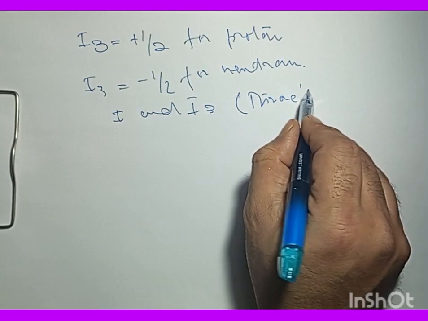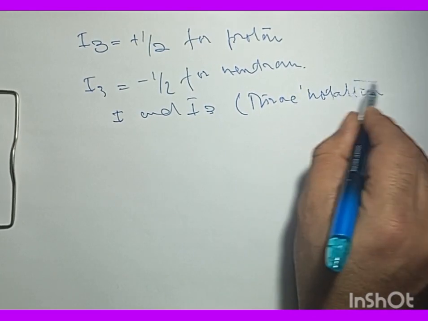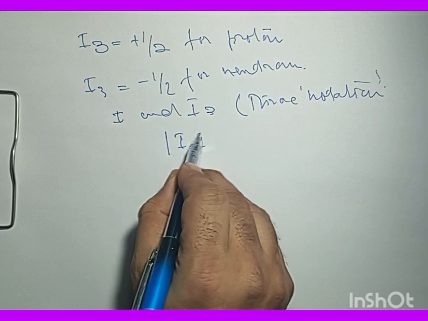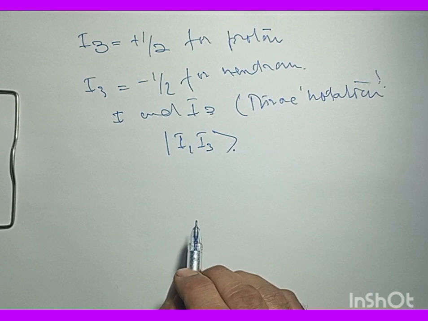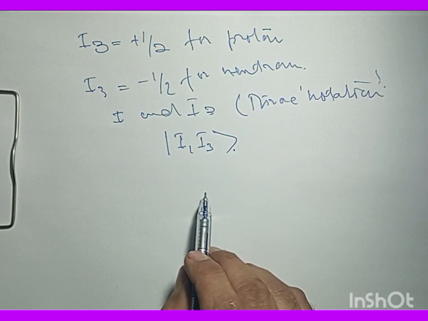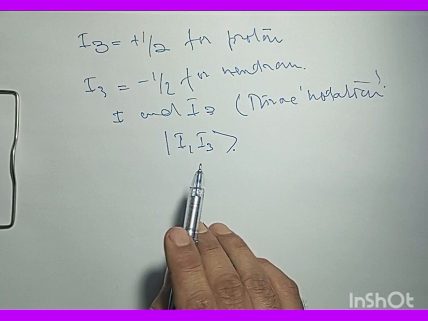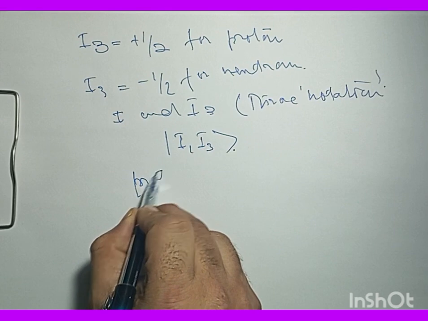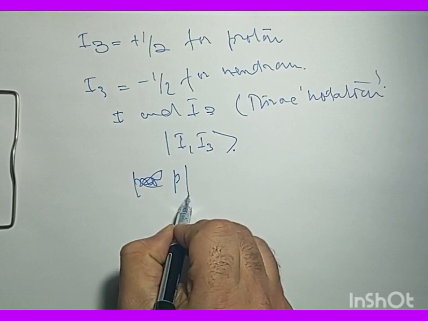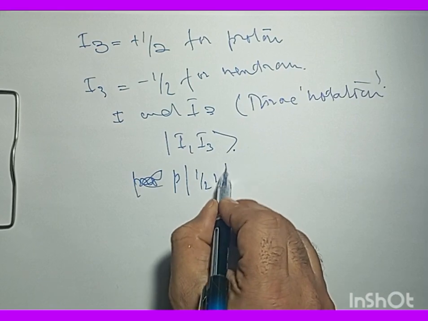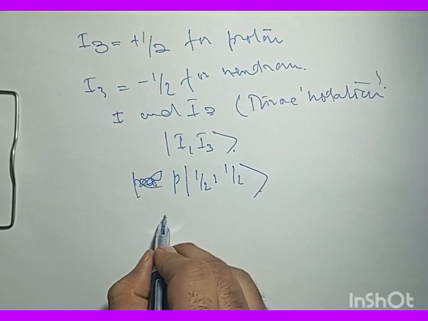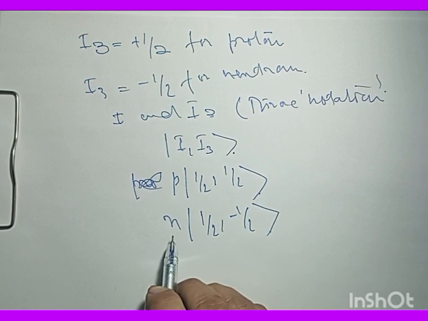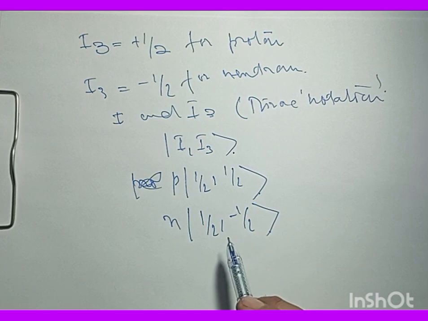We can write the ket |I, I3>. So the proton and the neutron, the two states of a nucleon, can be written as: for proton, P, it is |1/2, 1/2>. For neutron, we have |1/2, -1/2>.